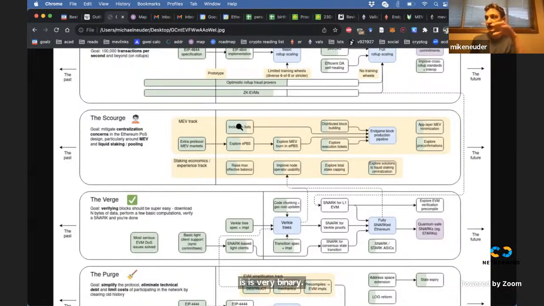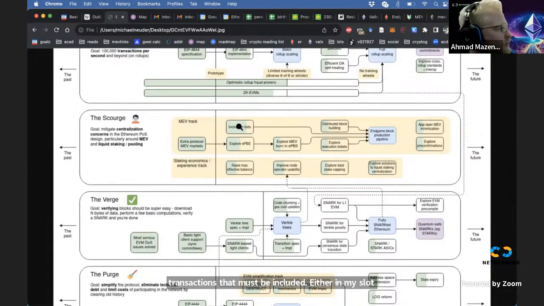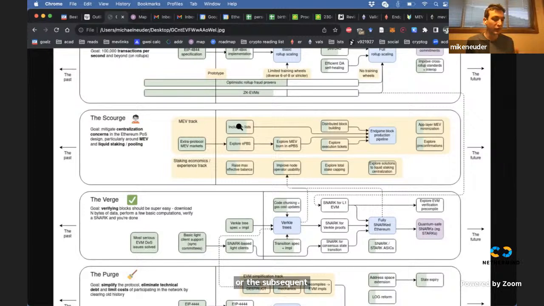Inclusion lists add something right in the middle, which says, as a validator, I still want to use this external block market, but there's some set of transactions that must be included either in my slot or the subsequent one. So now there's a way for me to express something about my block space.